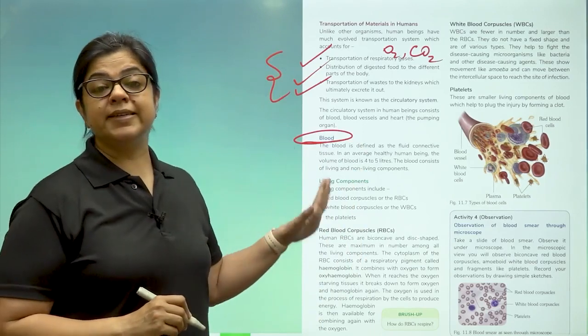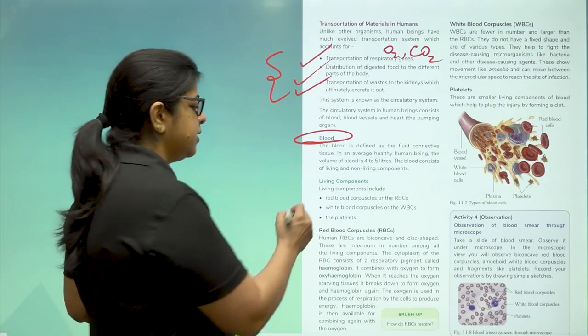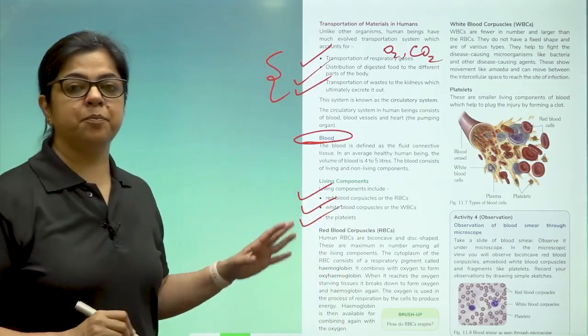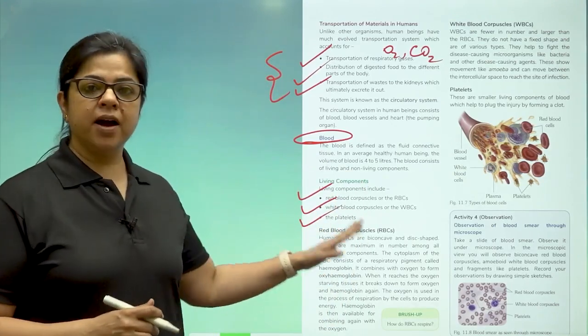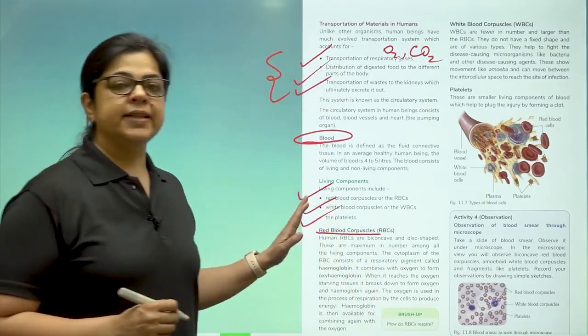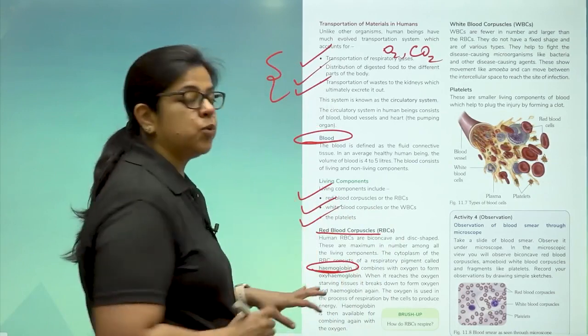Now the blood contains inside it living cells, which are RBCs, WBCs and the platelets. Let us understand these one by one. The RBCs, which are also called red blood cells, are red in color because of the presence of hemoglobin.